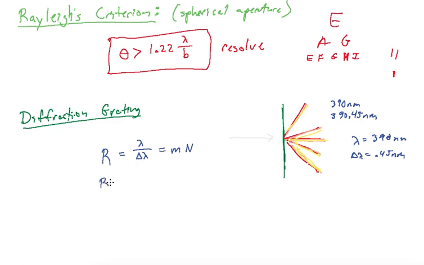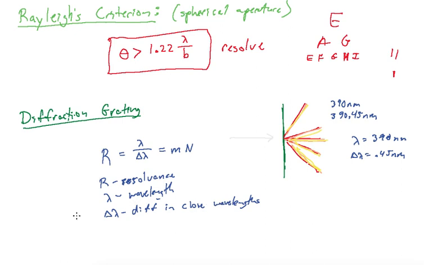So R is our resolvance, R-E-S. This is about whether or not we can resolve it. Lambda is the wavelength, whichever one, they have to be close together, so either one is not going to make a difference. Delta lambda is the difference in the close wavelengths. And then M is the diffraction order you're looking at.